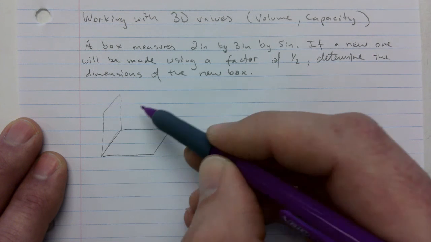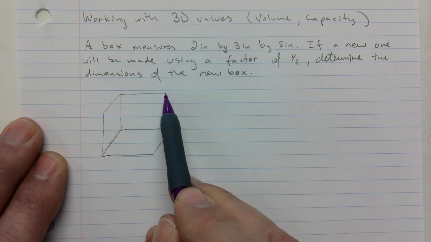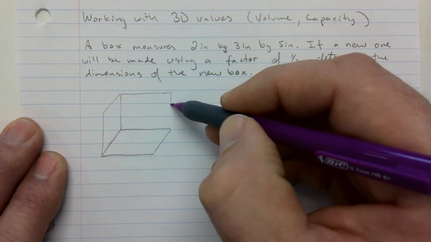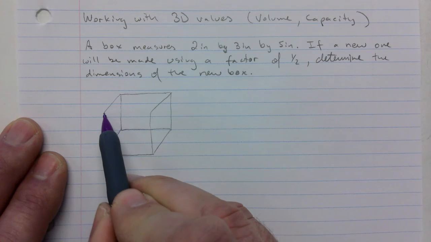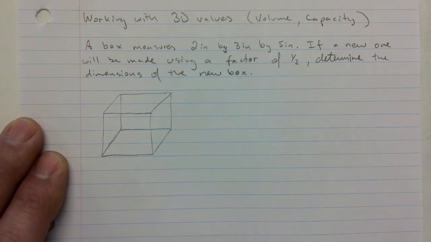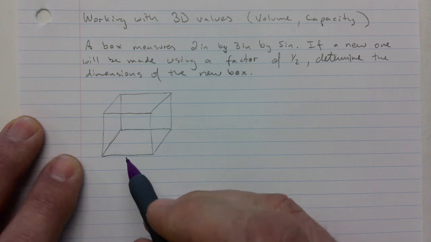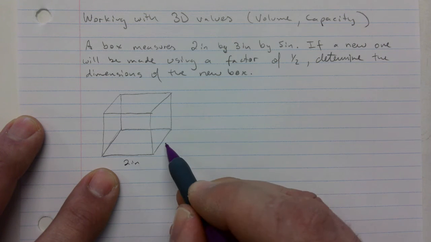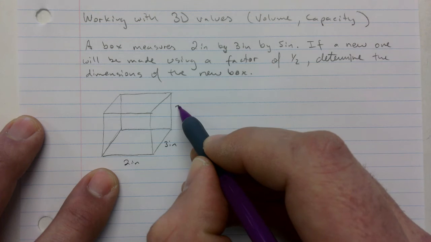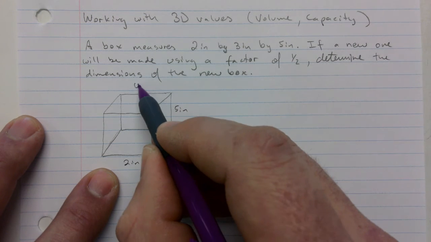You always want to have parallel lines, right? So try your best to make a box like that. And it doesn't matter where you put them really. 2 inches, 3 inches, 5 inches. And this is the original.